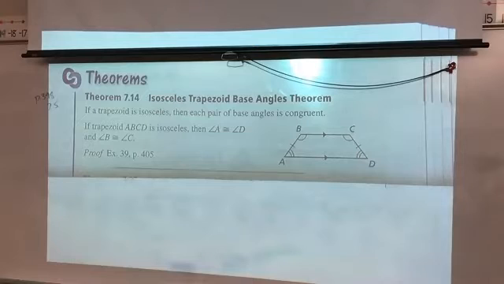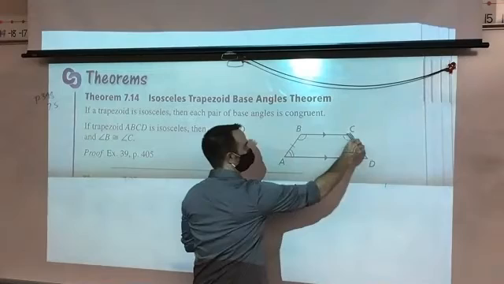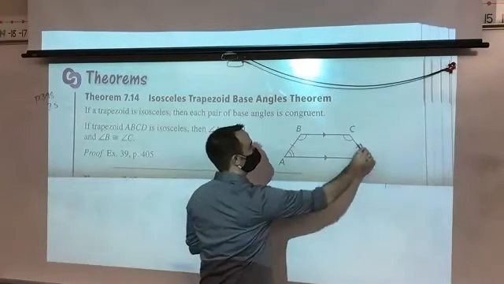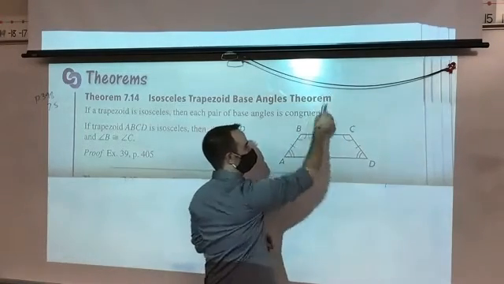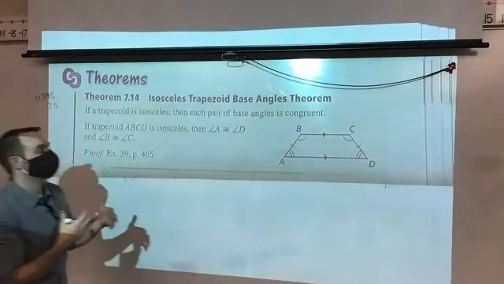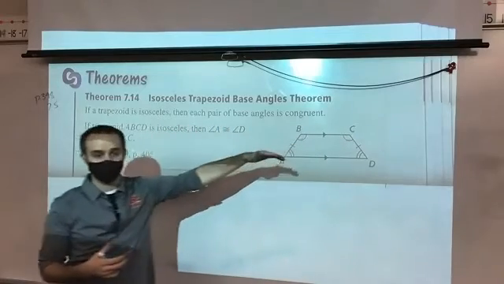Now we're dealing with isosceles trapezoids. Okay, it's the same idea. In fact, if we were to continue on these legs and draw these up, it would form an isosceles triangle. Okay, so this is really just an isosceles triangle that's cut off so that the top and bottom are parallel.